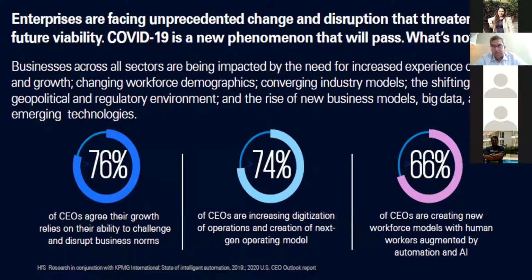The work does not disappear, but the way you do it will have to change. Experience centricity and growth, changing workforce demographics, converging industry models, the shifting geopolitical and regulatory environment. All of this is today being spurred by this fancy thing called coronavirus.